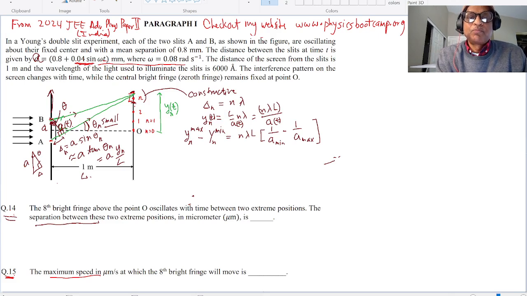A little bit summarizing: n lambda L, so A max minus A min, divided by A min times A max.